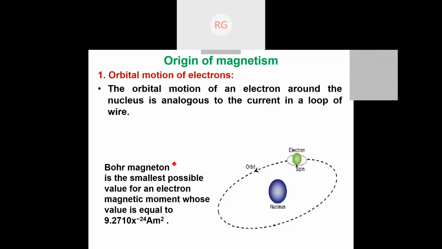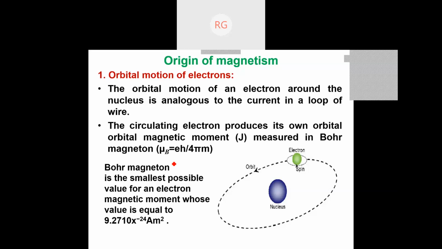And the minimum magnetism that is associated with the moving electron in an orbit is given by mu = eh/4πm, which I am not deriving here, and this is called Bohr's Magneton. So Bohr's Magneton is the smallest possible value of magnetic moment associated with the electron.